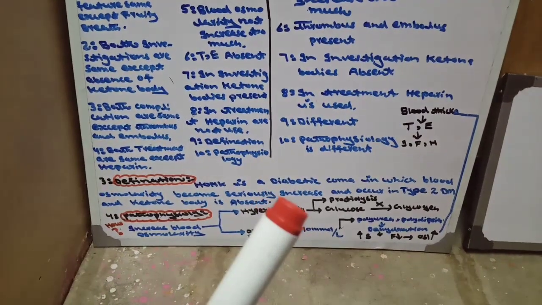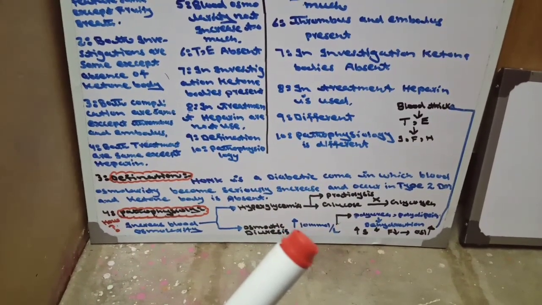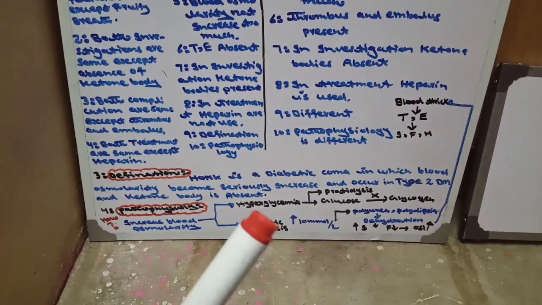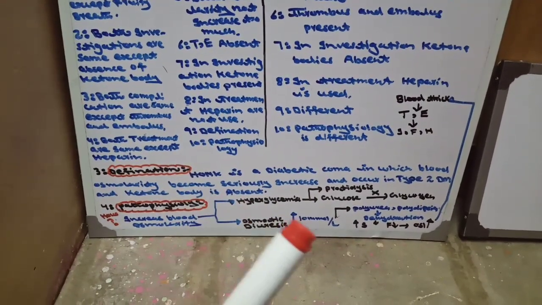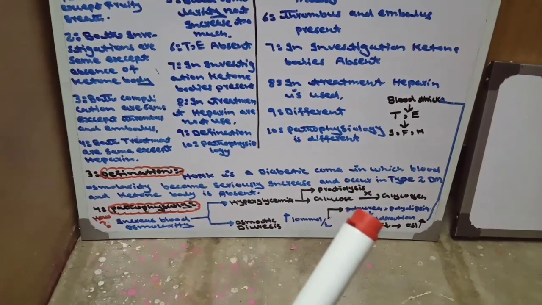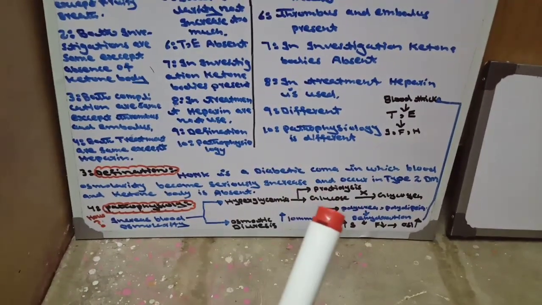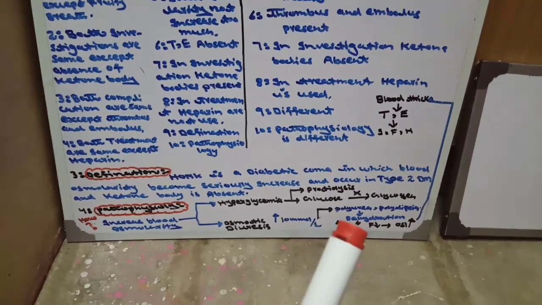Then inside the tubule, due to high osmolarity, the fluid accumulates and is excreted through urine, meaning polyuria and polydipsia will occur. Due to polyuria and polydipsia, there will be dehydration in our body.